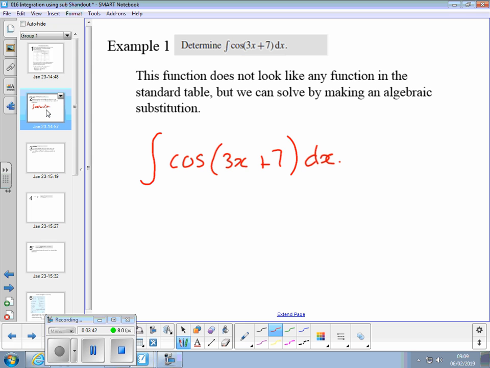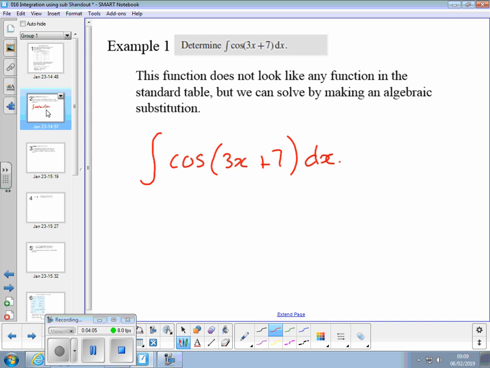But we haven't got any entries in the table that look like cosine of a function of x. So we're going to use the method of algebraic substitution.